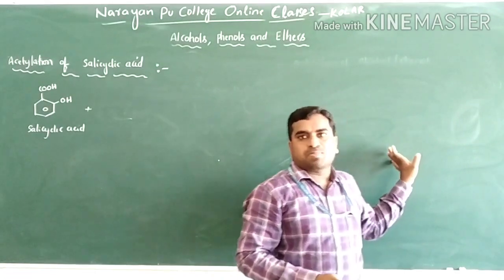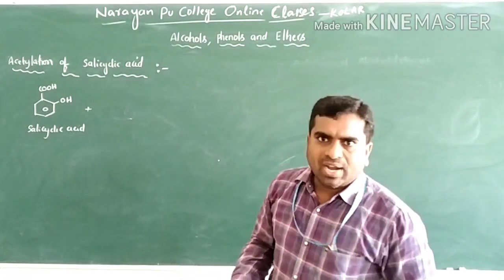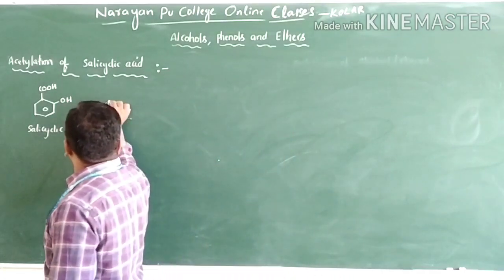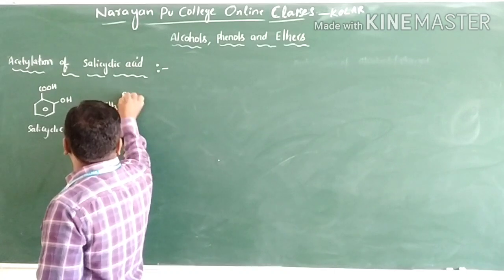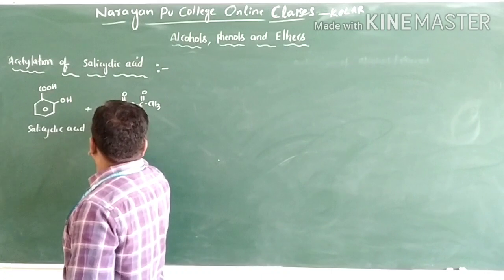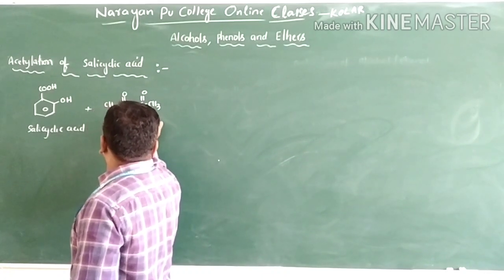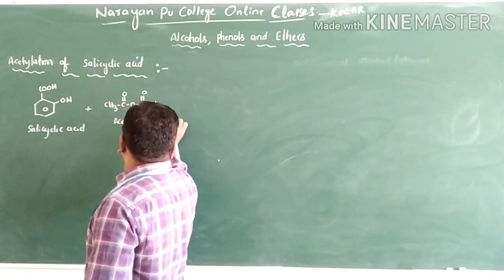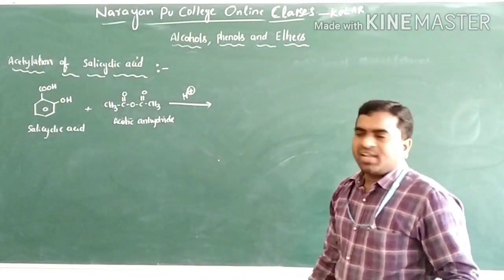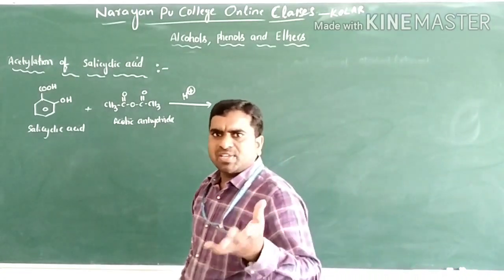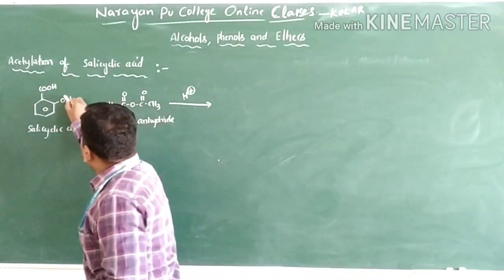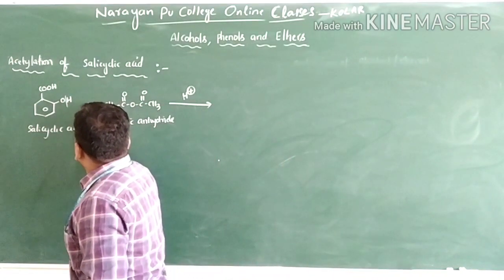I have already explained acetyl chloride, and we can take the acid anhydride also. So if I take the acid anhydride, CH3CO-O-COCH3, in the presence of H plus, then acetylation takes place. Acetylation means the COCH3 group should be added.